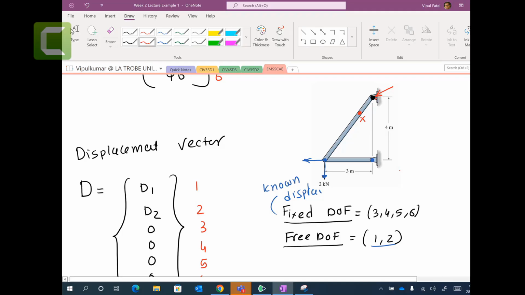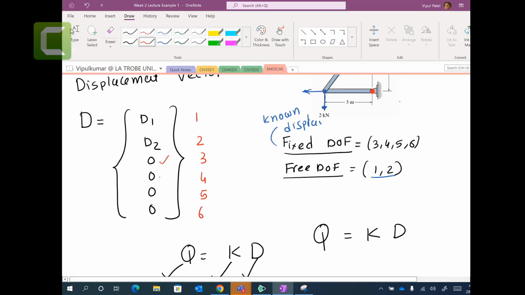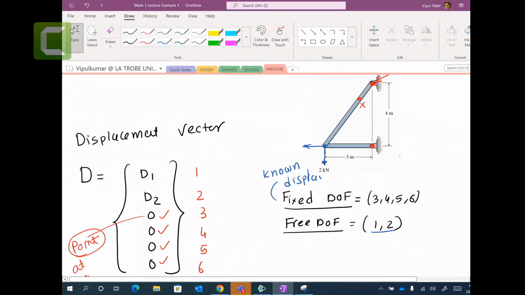D1 and D2, D3, D4, D5, and D6 are only at the point, at the support. But if you are talking about a very close distance from the point, it is not 0. Okay, got it. Thank you, sir.